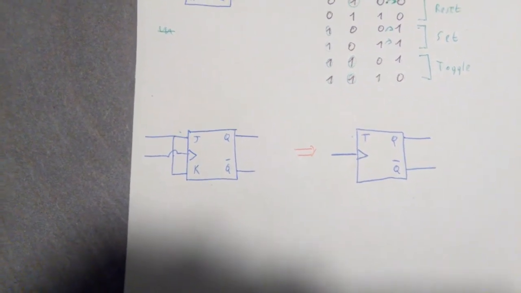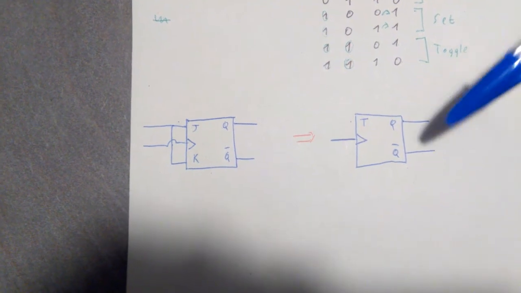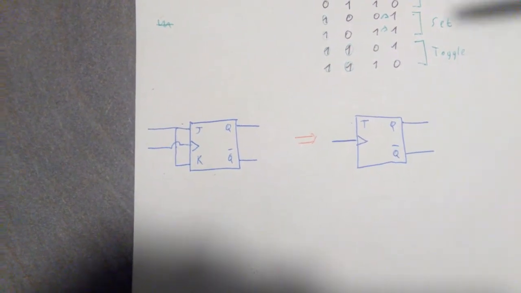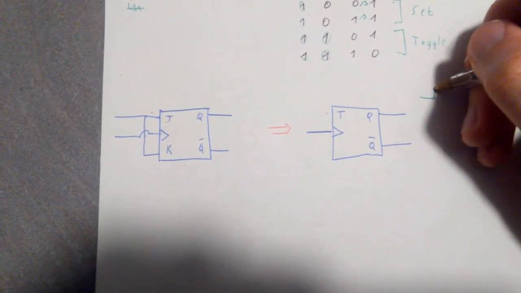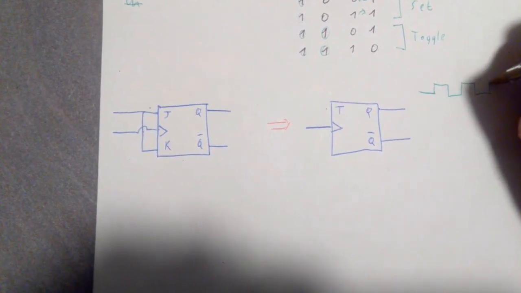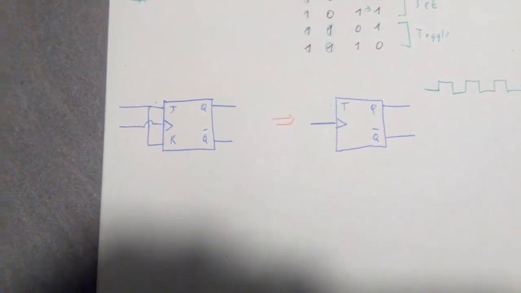The toggle flip-flop is actually kind of useful to divide clocks or other things. For instance, let's suppose that you have a clock which is like this.